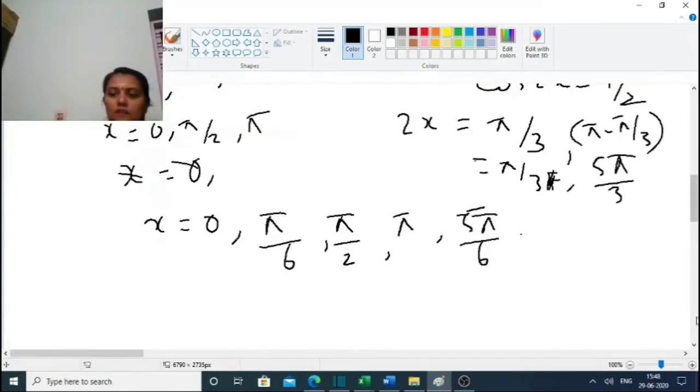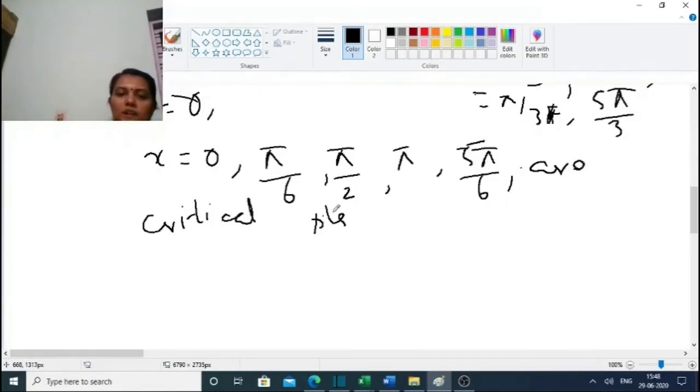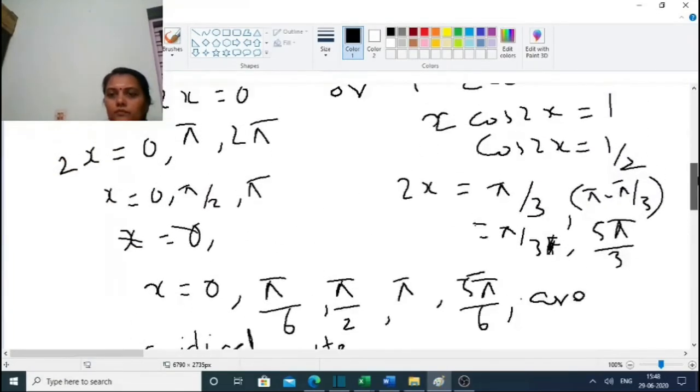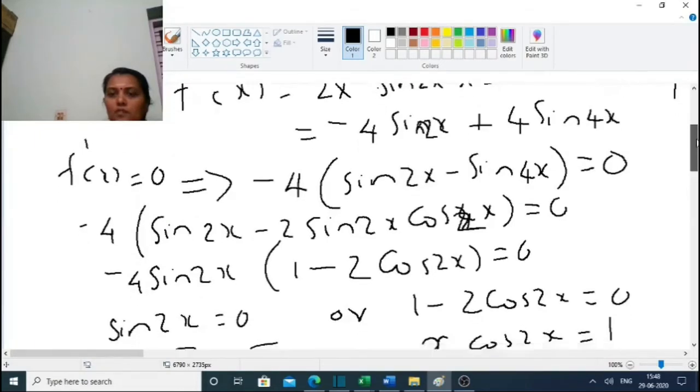So these are the critical points. Now evaluate f double dash x. f dash x is minus 4 sin 2x plus 4 sin 4x.